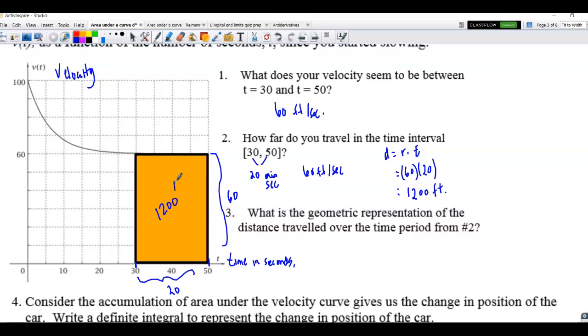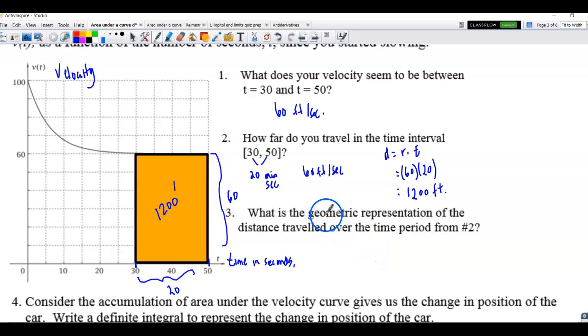So there is your first example of seeing how area under a curve, accumulated area under a curve, is a definite integral. We started with velocity. We actually did integration, although you didn't necessarily know it, and we went back to the position function.